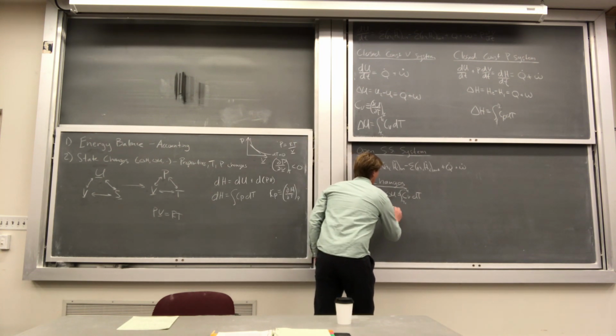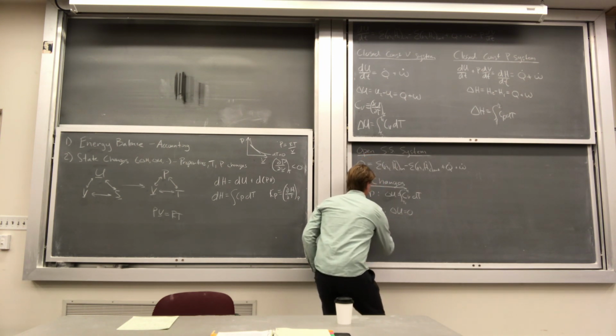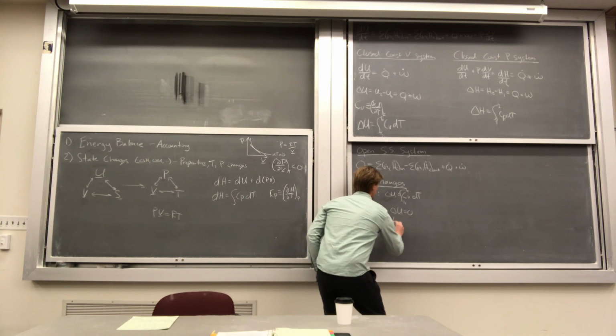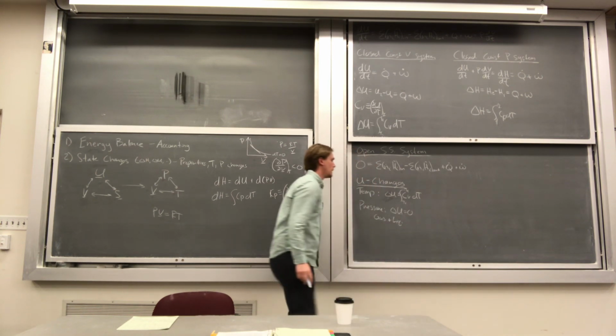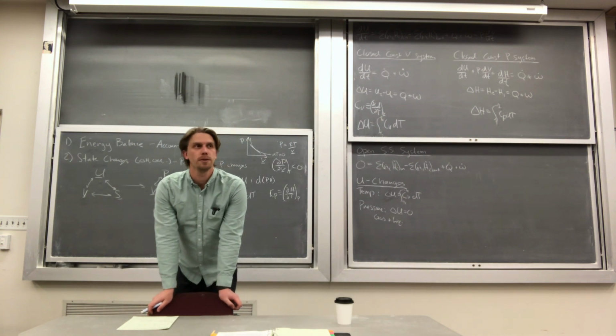So for pressure changes, we're going to say that delta U is always going to be equal to 0. We're not going to be considering the changes in internal energy. So for ideal gases, this is 100% true. For liquids, it's kind of true, right?